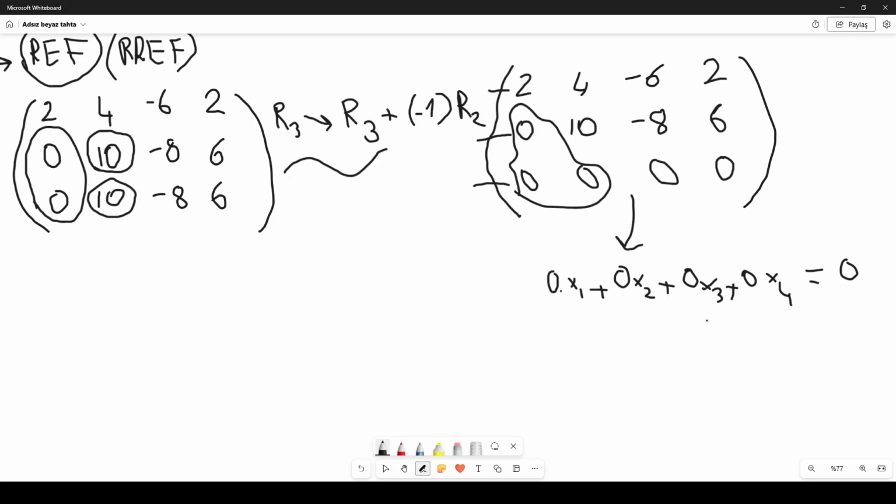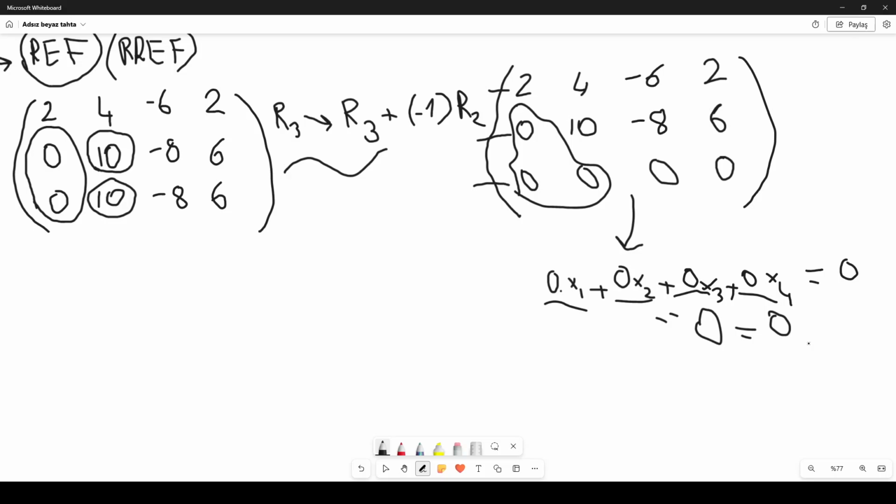But this means, no matter what the values of the xi's, x1, x2, x3 or x4, multiplying by zeros will give us all zeros on the left hand side, and on the right hand side we have another 0, which means 0 is equal to 0. But this is absolute. 0 is equal to 0.